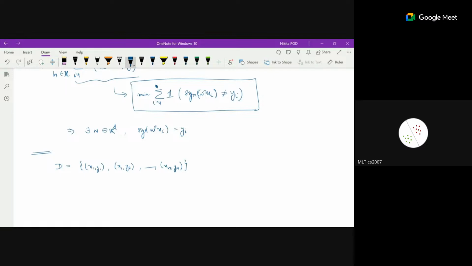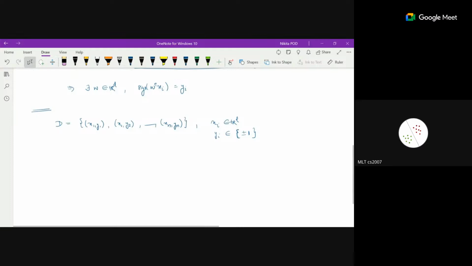All the features are in R^d, but my yi's belong to plus or minus one. So this is my dataset.